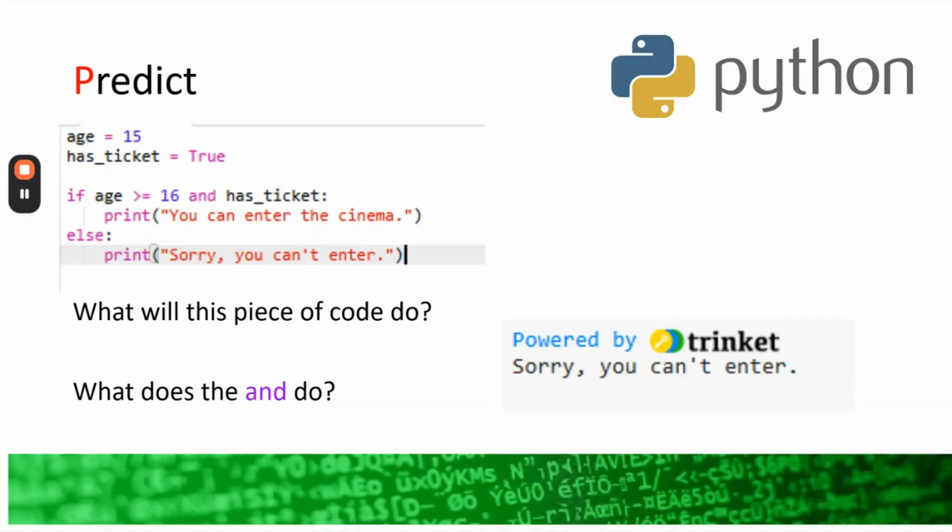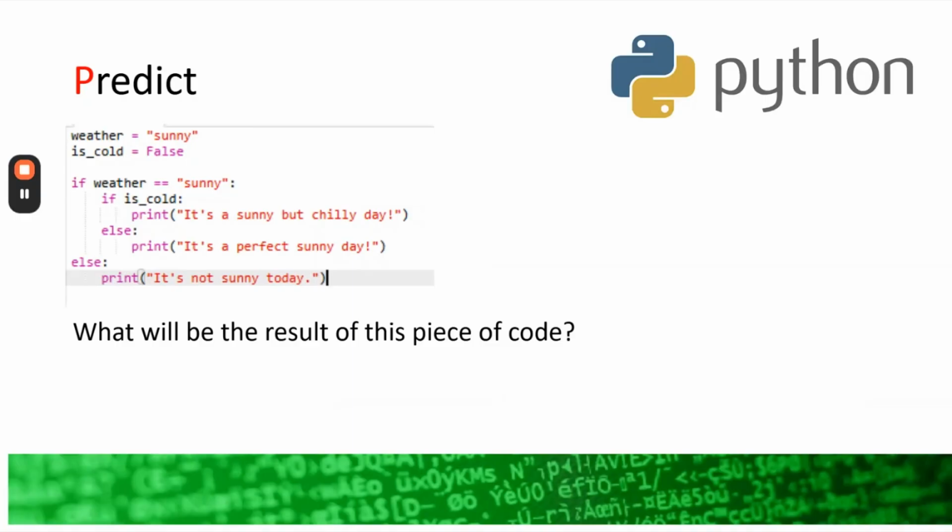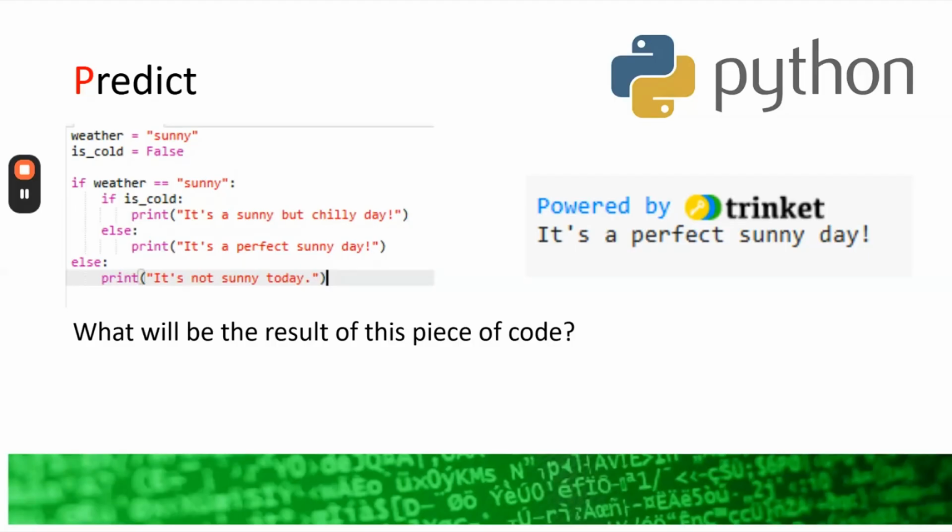Now, let's try another one. What will happen with this? Weather is sunny, is cold is false. What do you think it's going to print? And the answer to that would be, it'll print it's a perfectly sunny day, because it'll look at the weather and go, is the weather sunny?